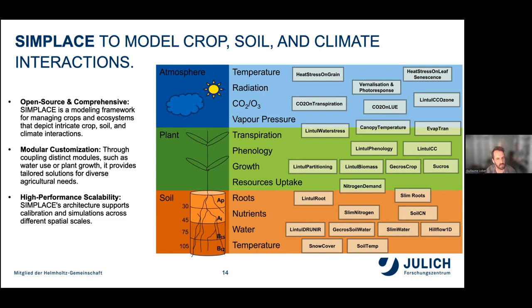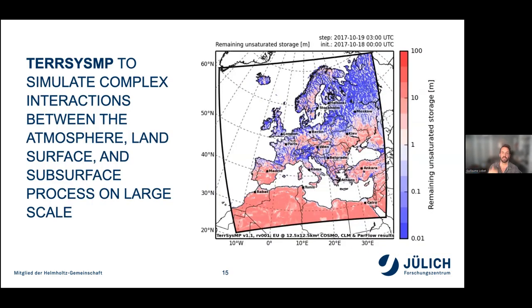But again, here we have a simple representation that allows us then to upscale the simulations to a much larger physical domain. And if you go again one step up, then you have the TerrSysMP model that's really focused on the interaction between the atmosphere, the land surface, and the subsurface processes for the water flow.